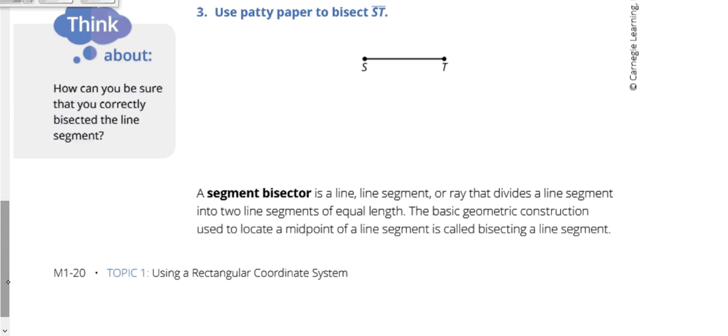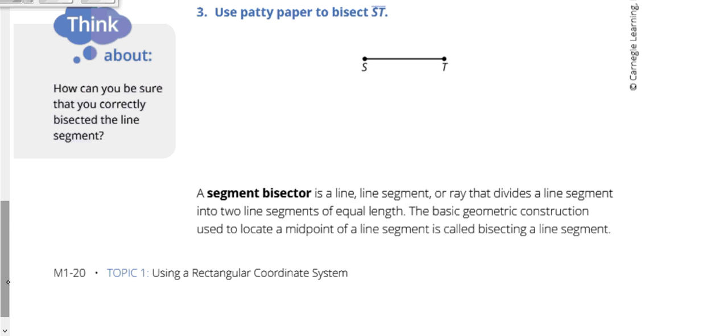Okay, a segment bisector. This is what we're getting into. A segment bisector is a line segment or ray that divides a line segment into two line segments of equal length. A basic geometric construction used to locate the midpoint of a line segment is called bisecting a line segment. So we're going to learn how to do that by making a perpendicular bisector.